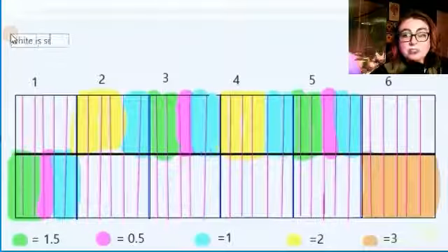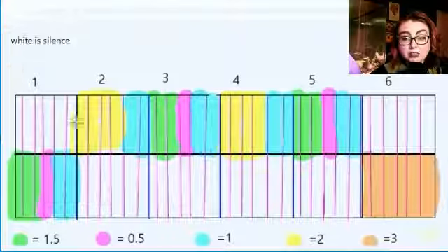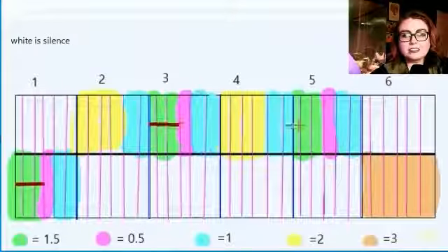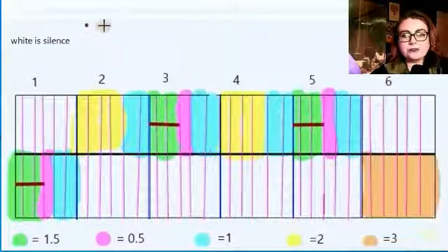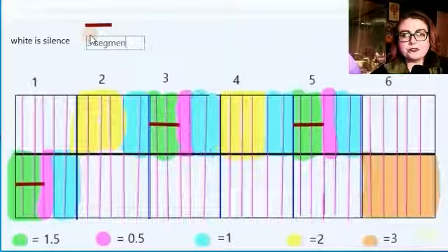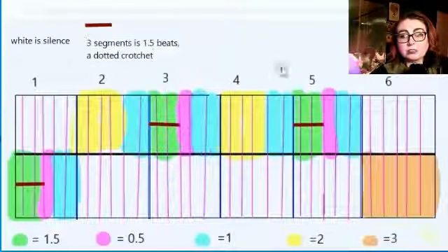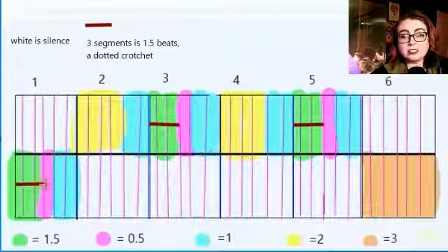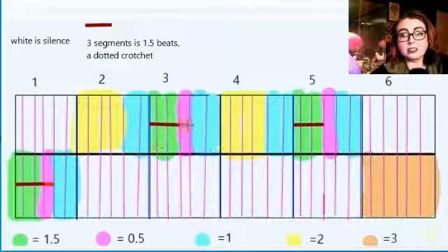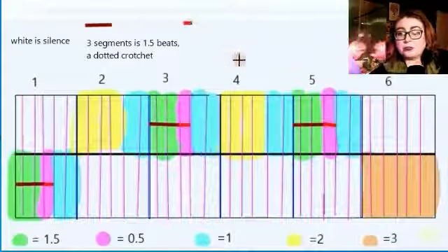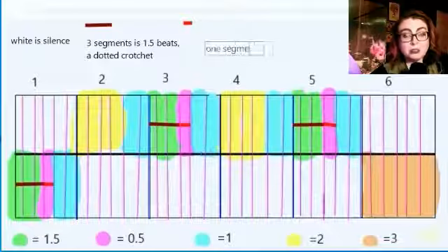So when you divide by a half, it's the same as multiplying by 2. Yeah, the white is silence. Yep, 3 segments, 1.5 beats. 1 segment is half a beat, which means 2 segments is a whole beat.